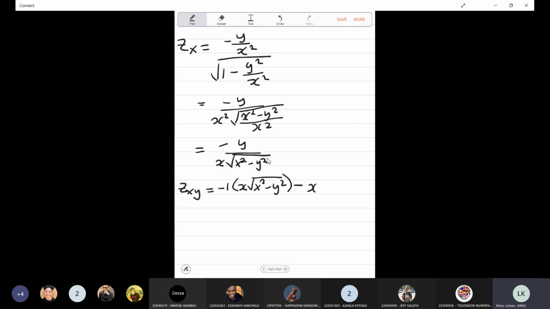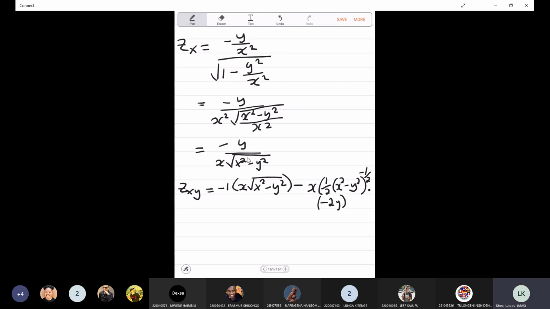And then we look at this square root. Its derivative is half x squared minus y squared to the power of minus a half. And then we multiply by the derivative of the inside, which is minus 2y.